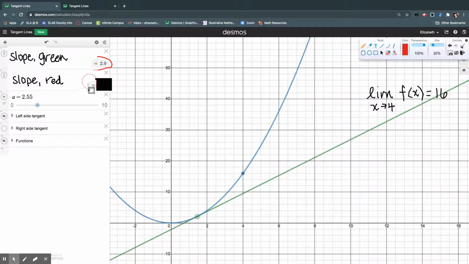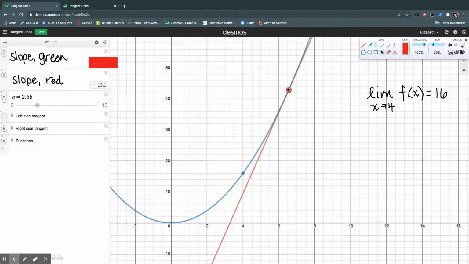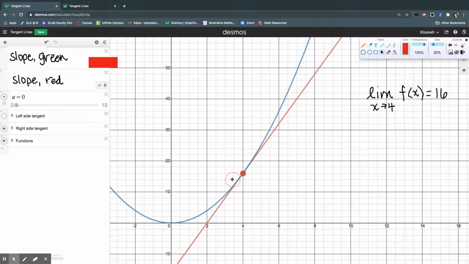If we instead switch and look at the other line, the red line, now we are going to switch which box we look at. Let's just ignore this one for a moment, and let's go to the right side. So this red line, you can see the slope of it starts off pretty steep. This slope is moving pretty high. And as I move towards the 4, the slope gets lower and lower. And as you can see, it also comes to 8.